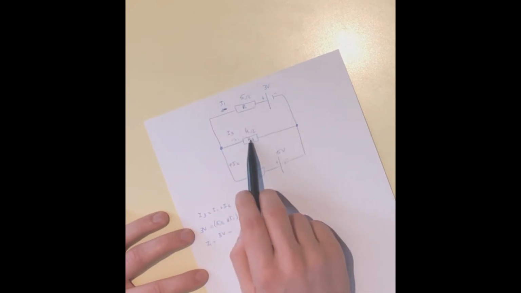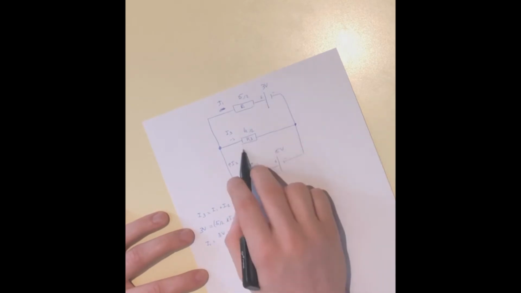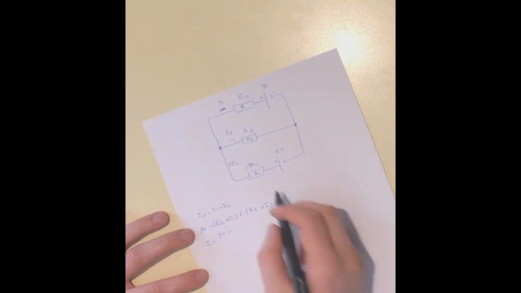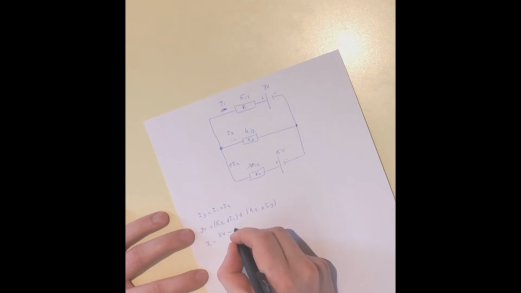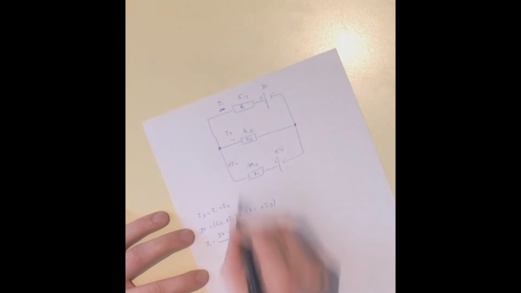So we have to subtract this voltage drop. But we don't know the value of the voltage drop, so we can write it in symbols. 4 times I3, this is the voltage drop, 4 ohms, divided by, so voltage minus voltage, we want to know the current, so we have to divide it by resistance, this resistance here, 5 ohms.